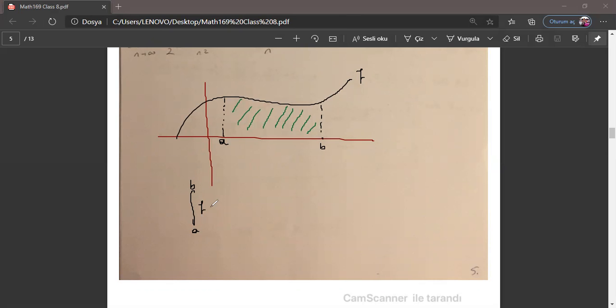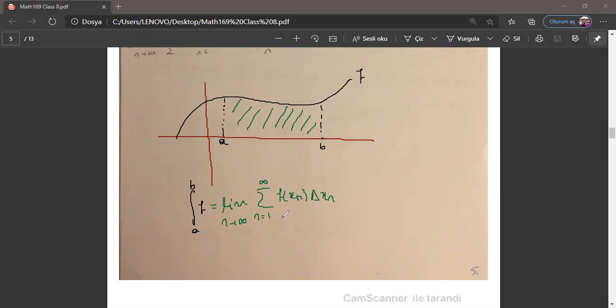So the formal definition of this integral is this: the limit as n goes to infinity of the sum of f of x sub n times delta x sub n.